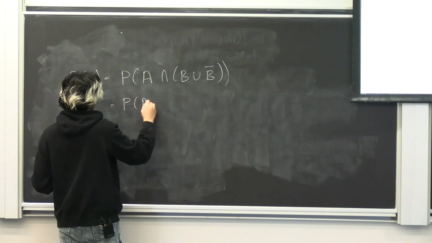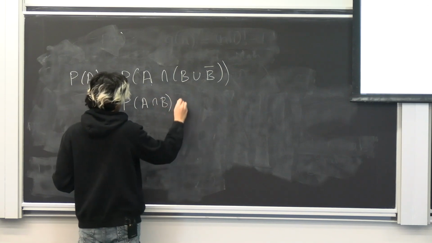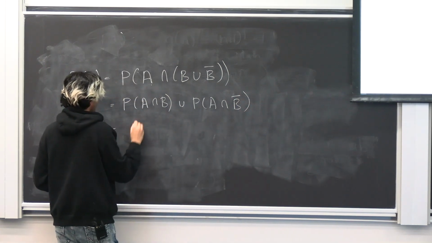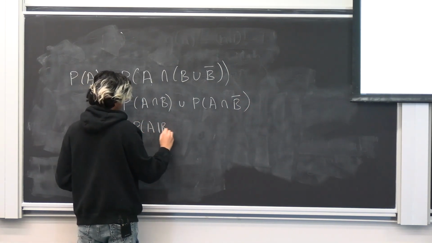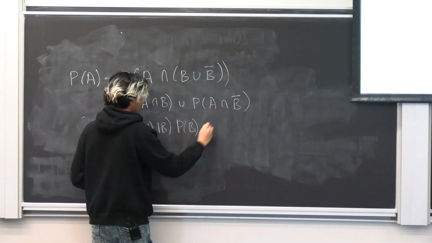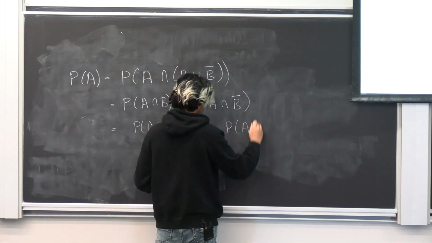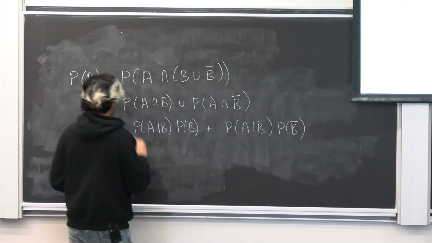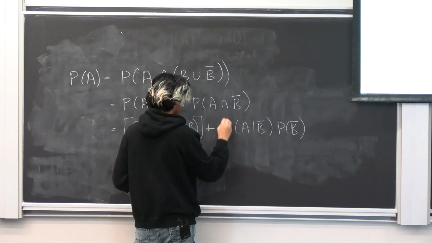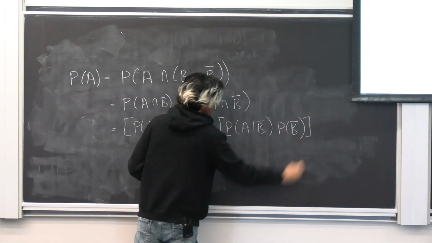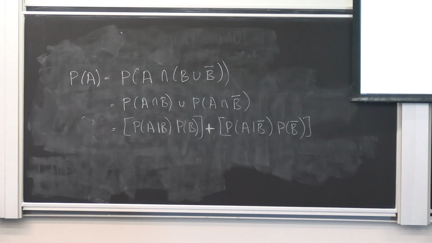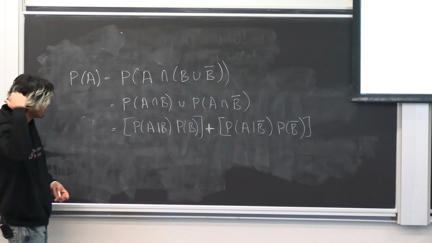It's probability of A intersect B union probability of A intersect B complement. Probability of A given B times the probability of B plus the probability of A given B complement times the probability of B complement. This is how you arrive at this equation that we ended up using.